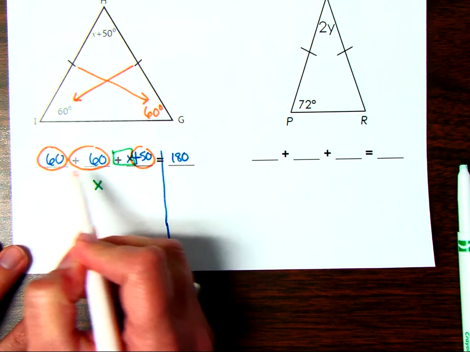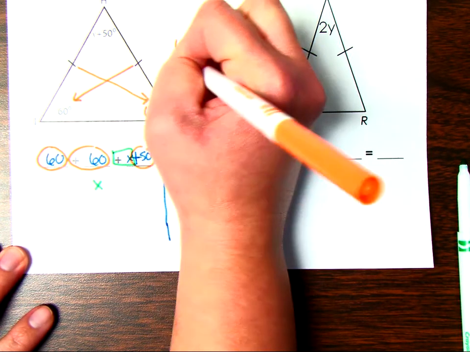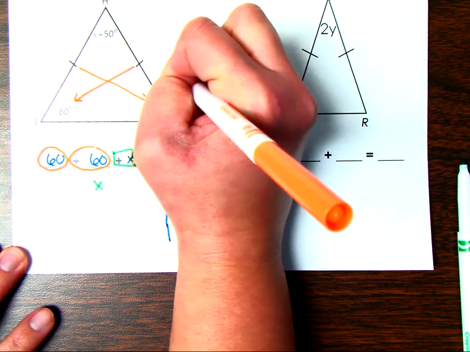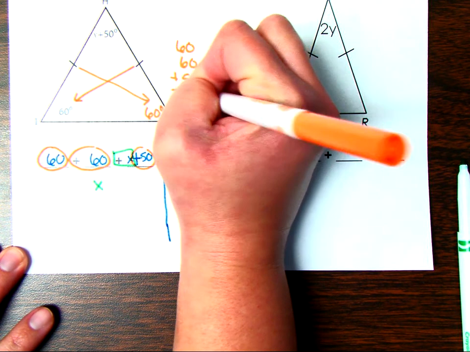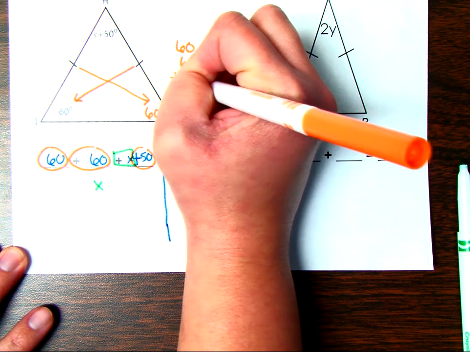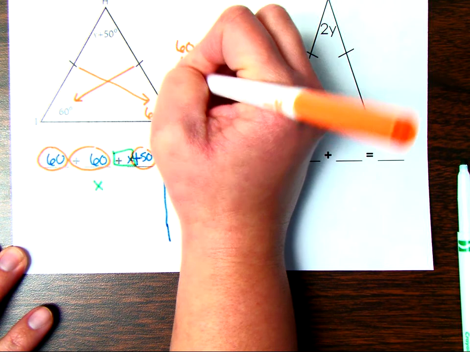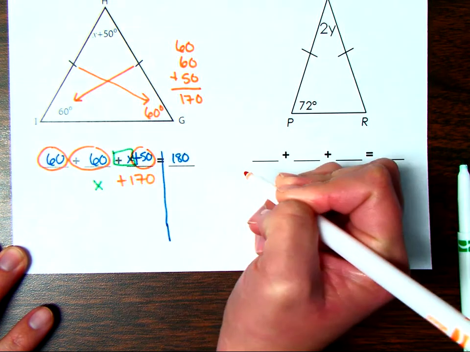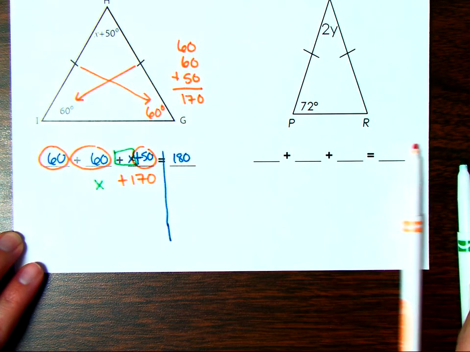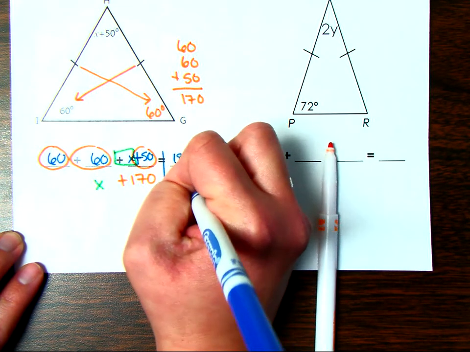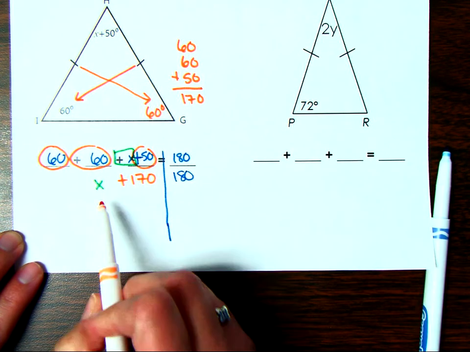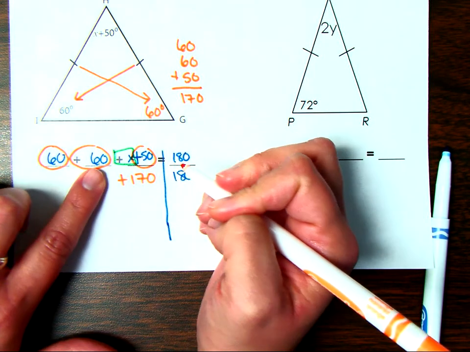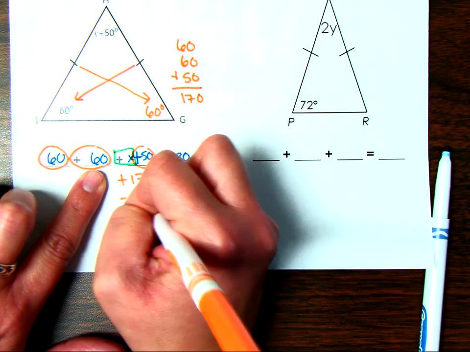So now we're going to combine our numbers. We have 60, 60, and 50, so that's all 0. 6 plus 6 is 12, plus 5 is 17. And then we got 180 on this side. Okay, so x was what we want by itself, so the opposite of positive 170.